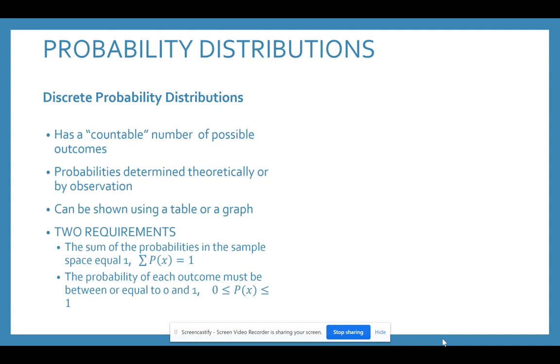The second condition is that the sum of the probabilities in the sample space, the sum of all the different things that can happen, totals to 1. And then the third condition is that the probability of each outcome must be between or equal to 0 and 1.